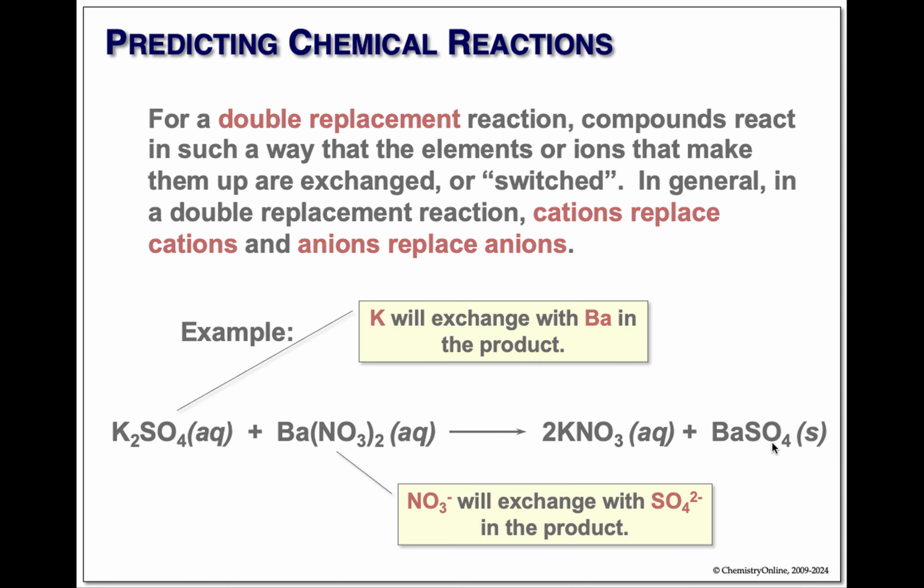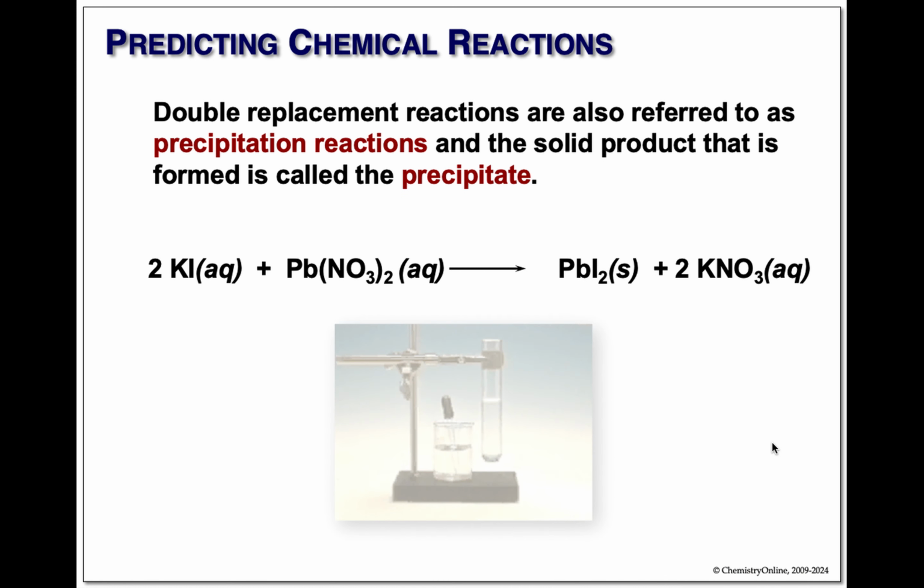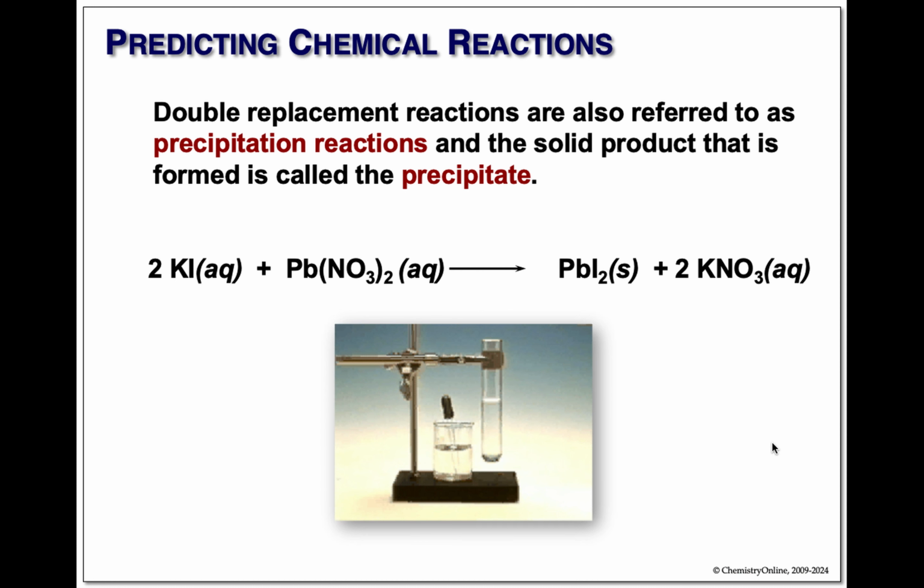One of the hallmarks of general chemistry is stuff like this. This is potassium iodide, lead nitrate. We will get solid lead iodide out of this, and potassium nitrate will stay in solution. You'll see both of these are nice clear liquids.